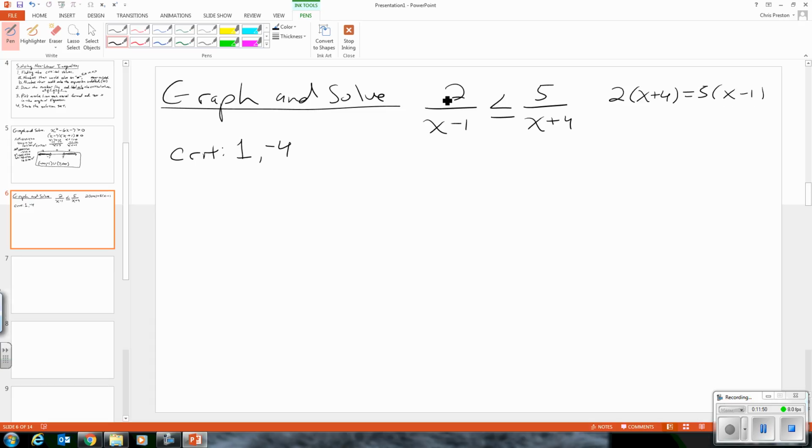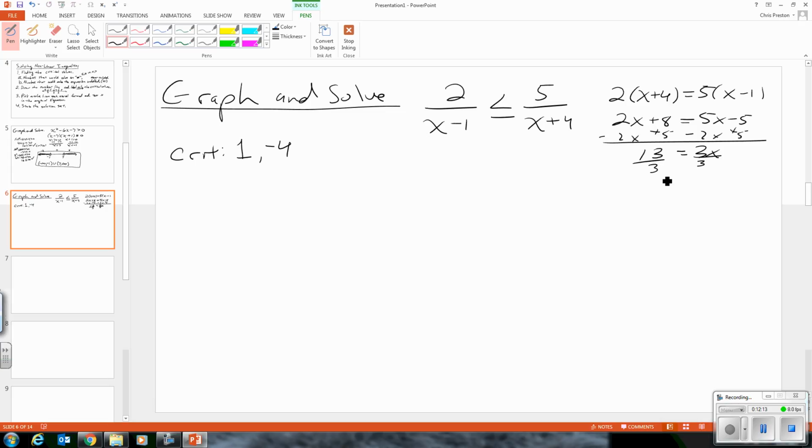So multiply numerator times the other denominator, numerator times the other denominator, and set those equal. And so I'm going to work this out. 2x plus 8, 5x minus 5, subtract 2x. That'll give you 3x over here, so let's get rid of that 5, add 5, so 13, divide by 3.